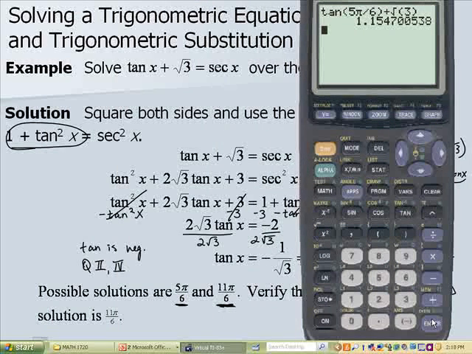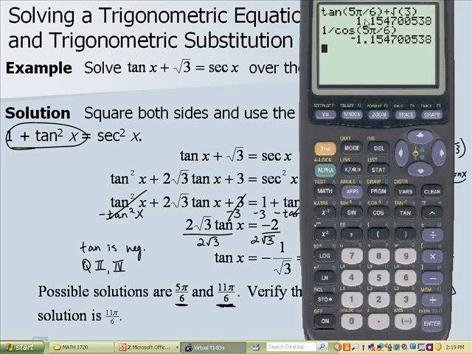And we want to show that that's equal to the secant of x, which would be 1 over the cosine of 5 pi over 6. So we see that we get the same answer, but one's positive and one's negative. So 5 pi over 6 is not a solution.